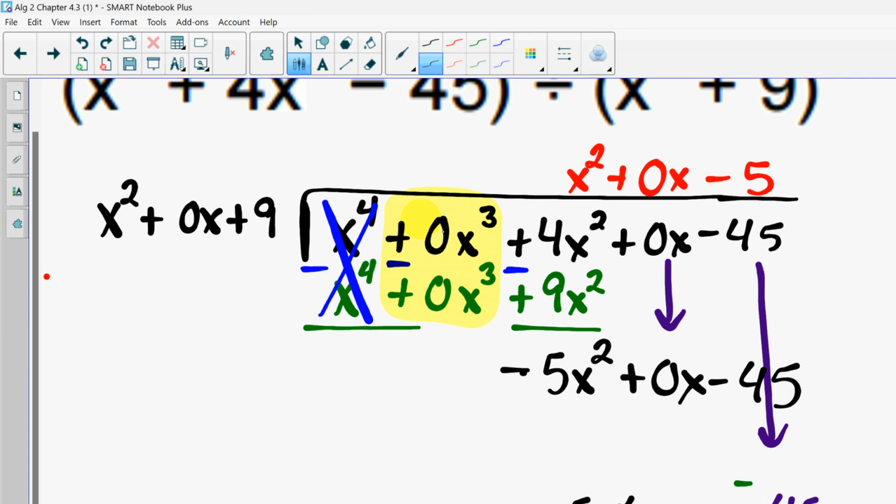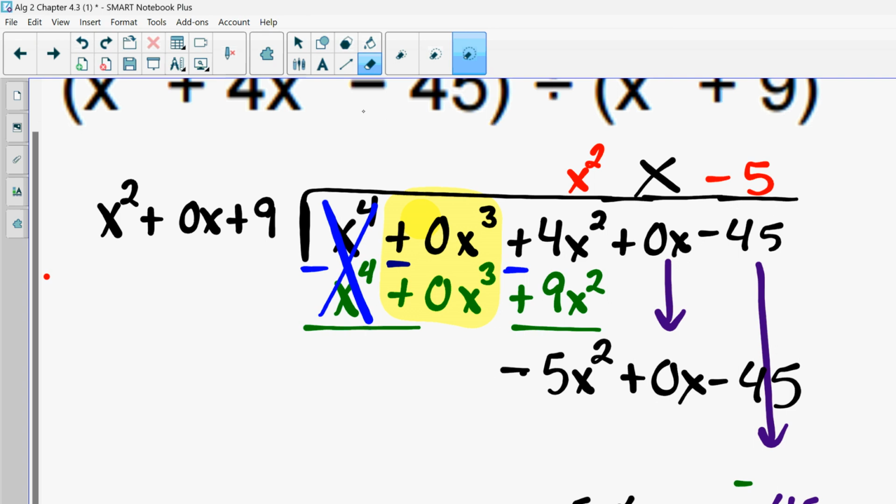Now, since in this case I had to bring 2 terms down, that means I just don't put anything in that spot. We put it into the spot of the last term we brought down. Since the last term we brought down was the negative 45, our constant term, it just means our next one's going to be a constant. Does that kind of make sense?